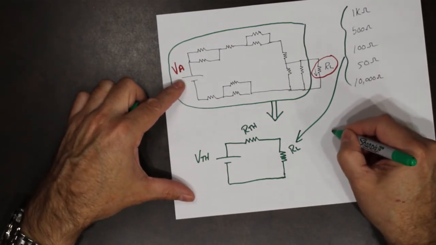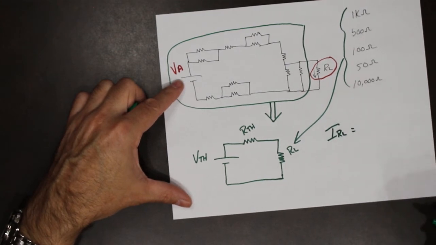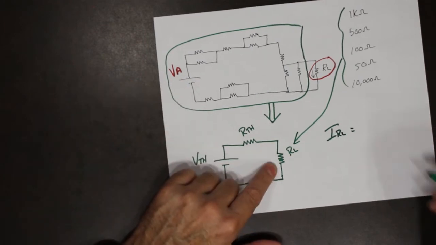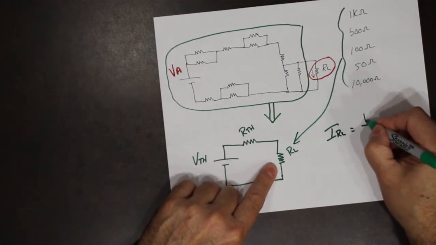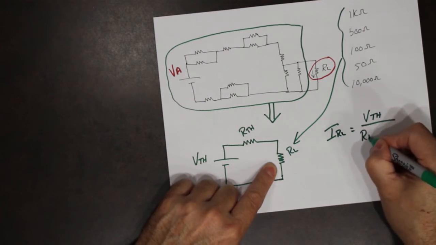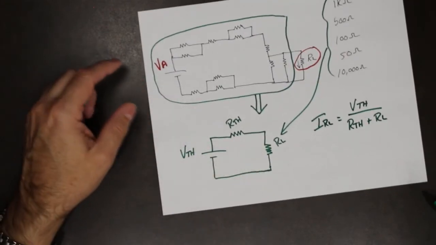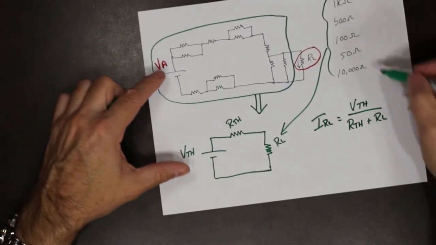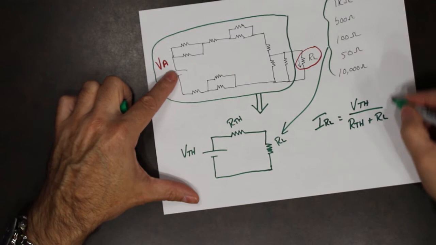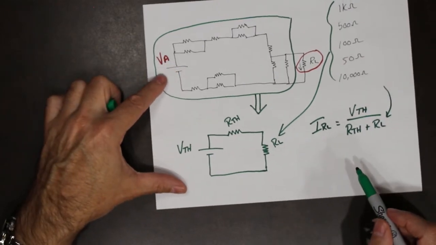So I can do I RL is equal to voltage Thevenin over resistance Thevenin plus RL. All I do is swap in a new value here, and it's one calculation.